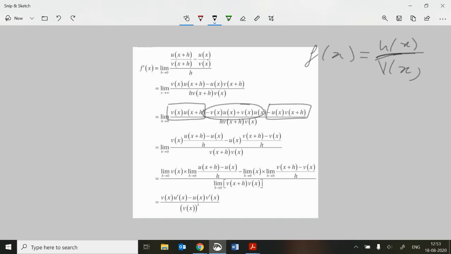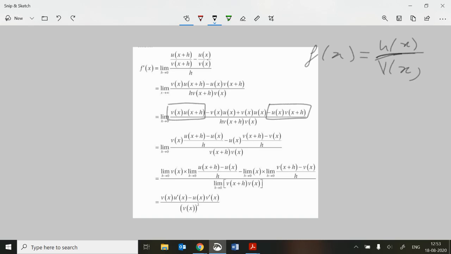Now the two terms that they've added in the middle are not quite the same as for the product rule. So you can see that if we want to get out u of x plus h minus u of x, we're going to need to factorize out v of x from both this and u of x.